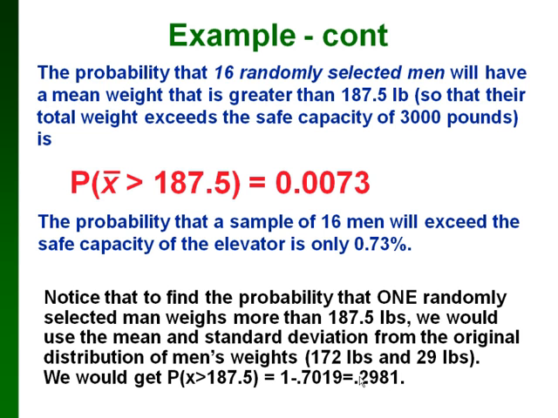And in that case, we'd get a completely different answer of 0.2981. So the probability that one man weighs more than 187.5 pounds is almost 30%, where the probability that the sample mean for 16 men was more than 187.5 pounds was only 0.73%.